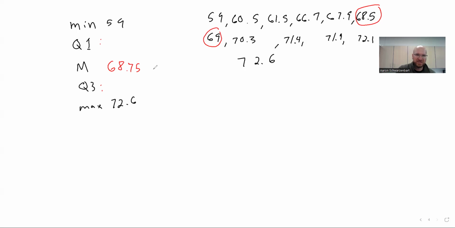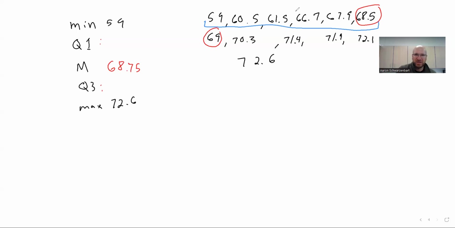If you have an odd size data set, you will not include the median in your upper and lower half. If you have an even size data set, my median is actually not in this set. Even if the two middle numbers are the same, your median would be in between them. It's not in the set.